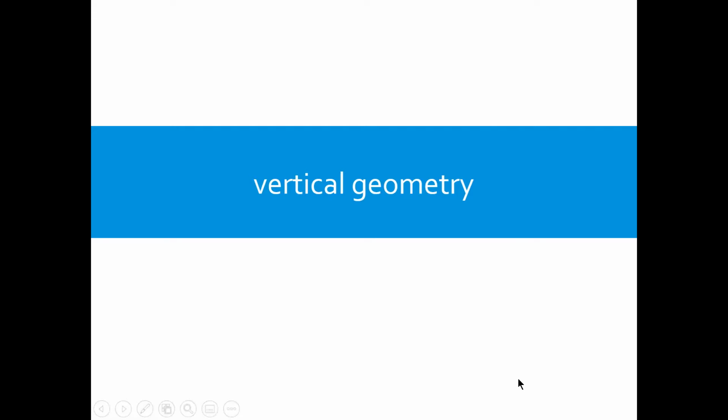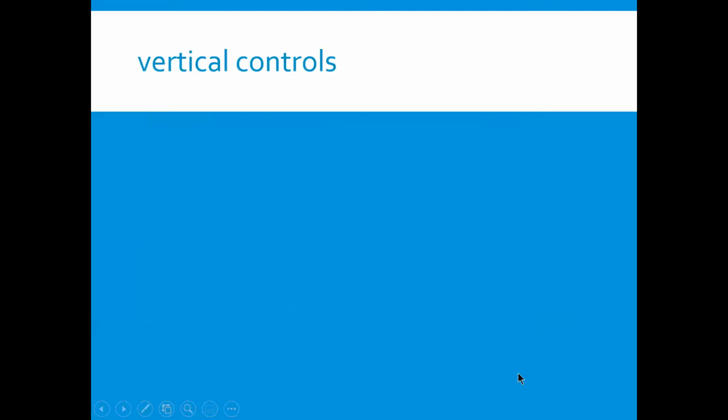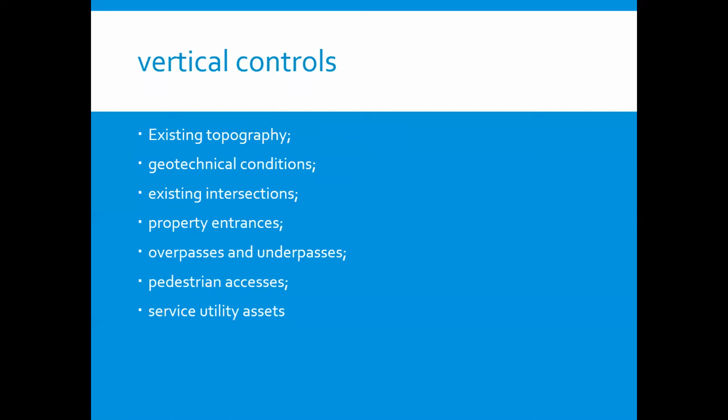The following are the typical controls for vertical geometry: existing topography, geotechnical conditions, existing intersections, property entrances, overpasses and underpasses, pedestrian accesses, service utility assets and their protection requirements, and median openings. The road will have to match, within appropriate limits, the levels that these controls dictate.